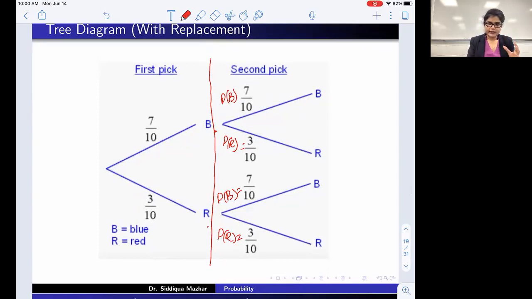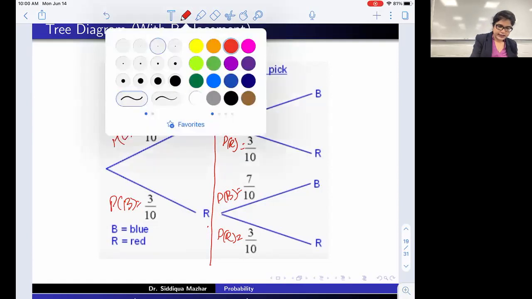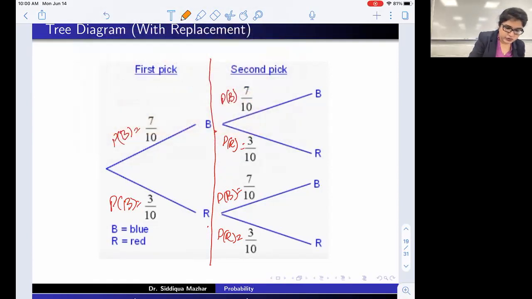If you look closely, you will see that we are making a sequence. You can see a pattern in these 2 experiments together. Let me use another highlighter so that it is clear. Let's look at this branch. We are looking for the probability of finding blue and then the probability of finding blue.